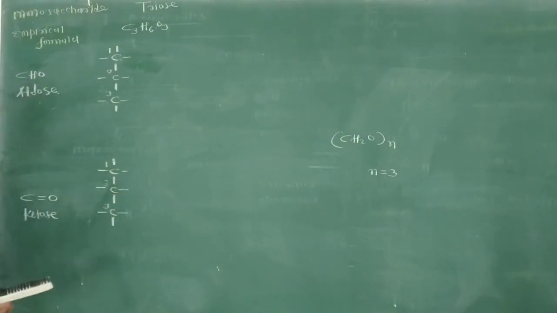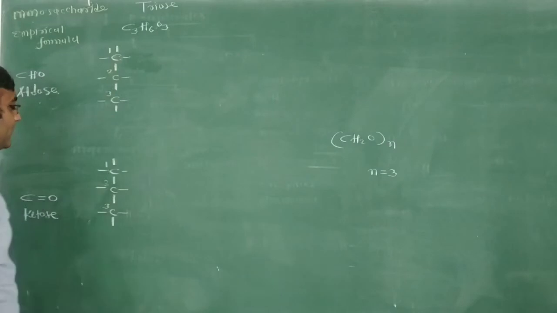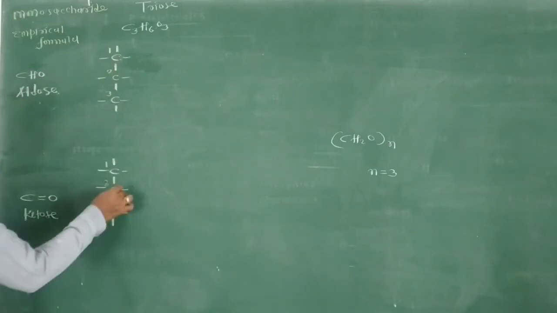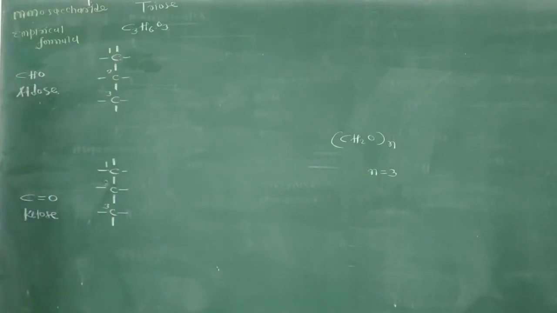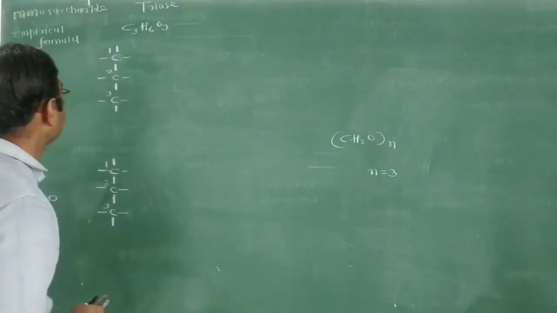Now we have to remember that the aldehyde group is always present at the first carbon of any monosaccharide, and the ketone group is always present at the second carbon of any category of monosaccharide: triose, tetrose, pentose, hexose and heptose.